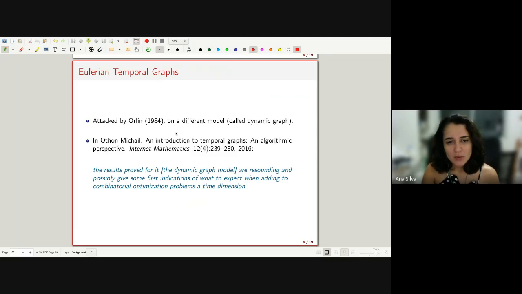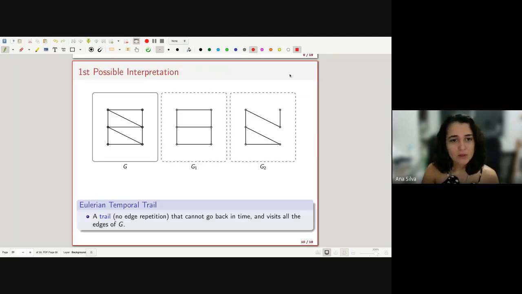And also you have at least a clue why they differ so much, because this dynamic graph model is actually just a model to talk about an infinite graph, and it allowed for edges to go back in time. Okay, so we started to investigate, right, what happens in our model.